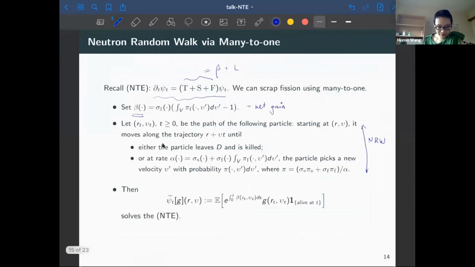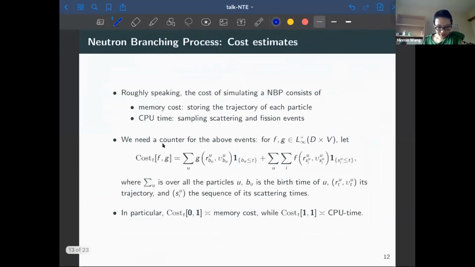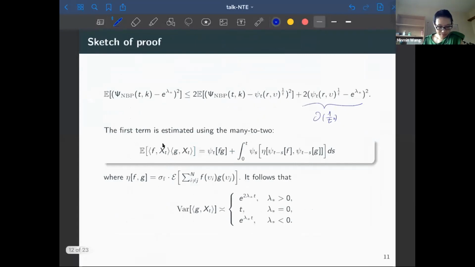I mentioned many to two, but it was really just a tool for us to estimate the variance of the estimator. I haven't thought about this in terms of the algorithm. I don't know, perhaps we can do that.